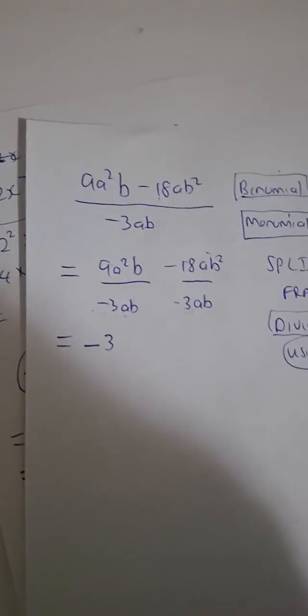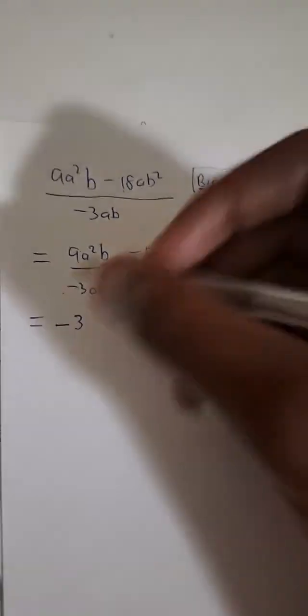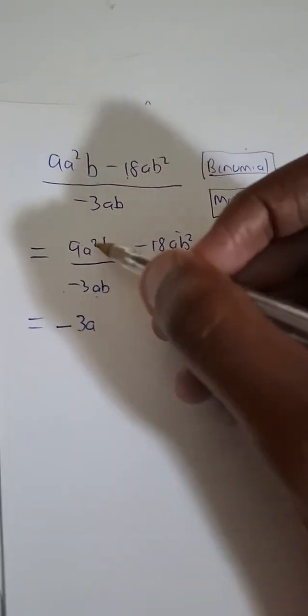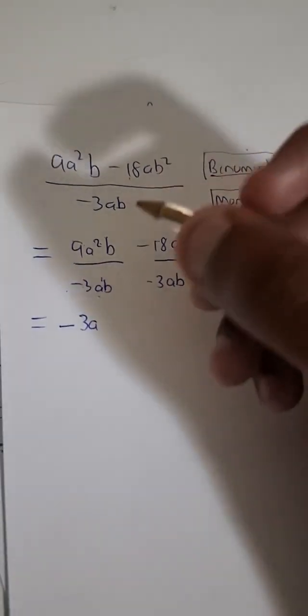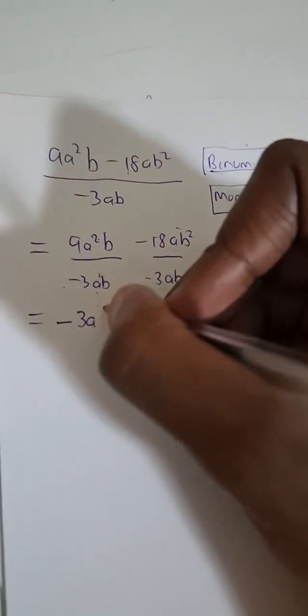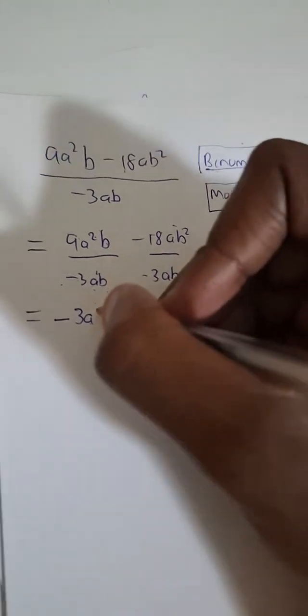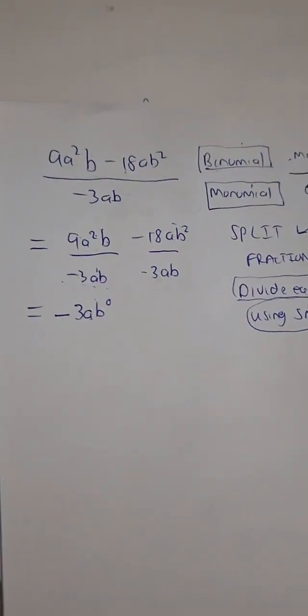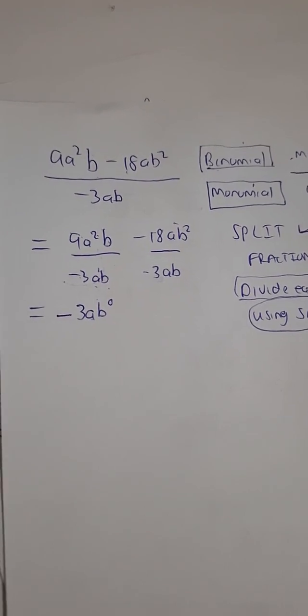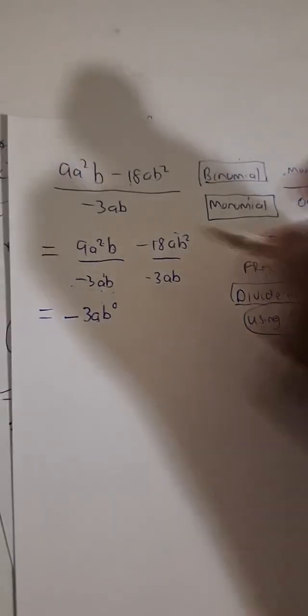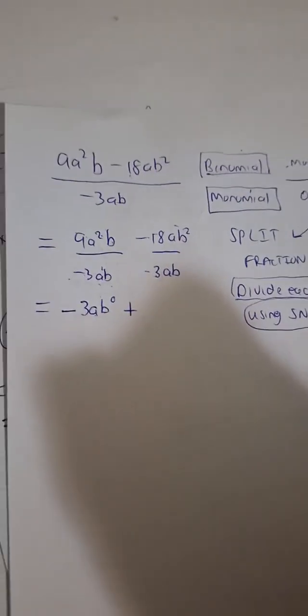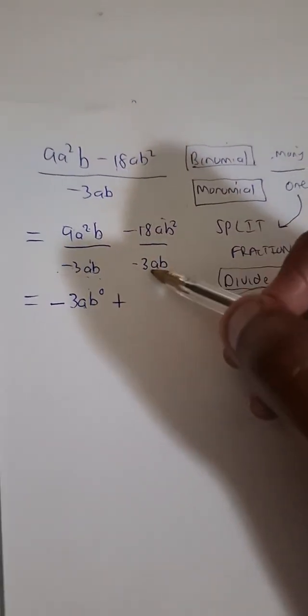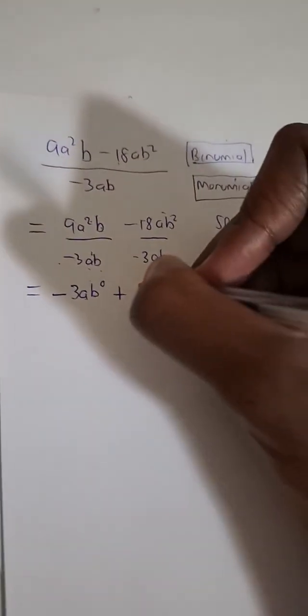9 divided by 3 is 3. A squared divided by a, that's a to the power 2 minus 1, which is a to the power 1. B divided by b, that's b to the power 0. Second fraction: negative divided by negative, that's positive. 18 divided by 3, that is 6.